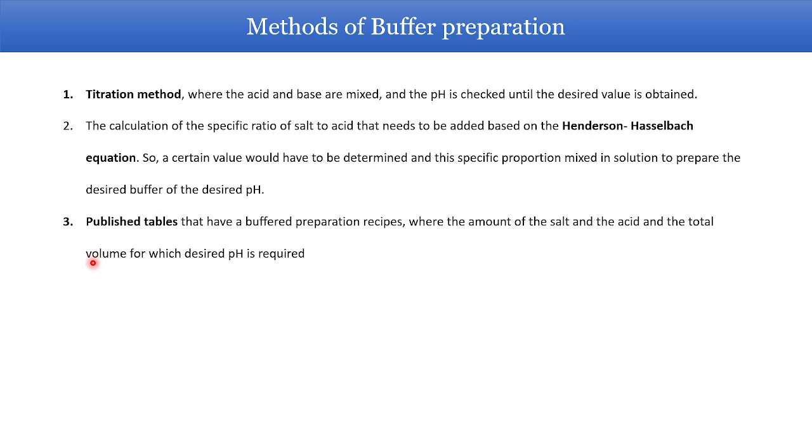Okay, there are so many tools and websites where you just put the amount of solution that you want to make, the concentration of the phosphate that you want to keep, and the pH that you want, and it will give you all the information of how much dibasic, monobasic, or phosphoric acid you want to add. And these are the different ways of how you can prepare the buffer.